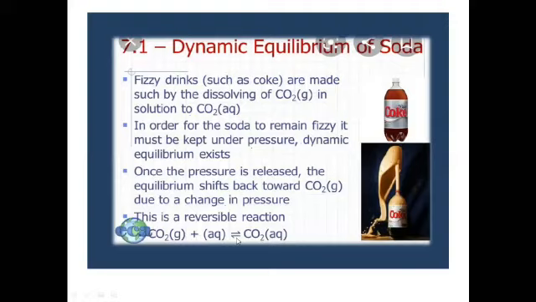But actually the reaction continues at the molecular level, or in other words, at the microscopic level. We cannot see it with the naked eye, but it actually continues. So that's why this type of equilibrium, in which the reaction never goes to completion, is called dynamic equilibrium.